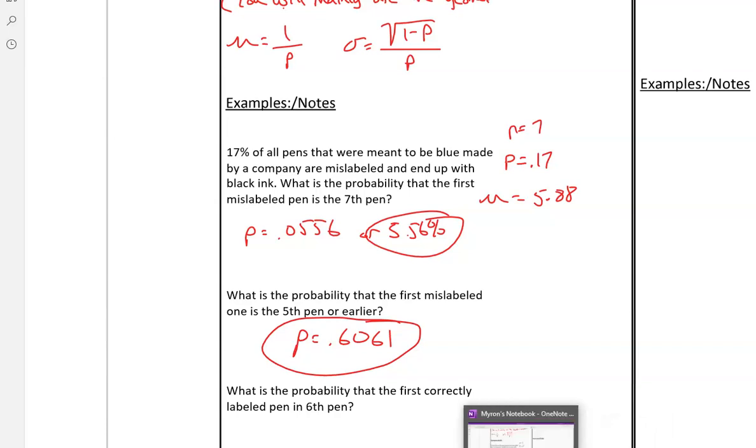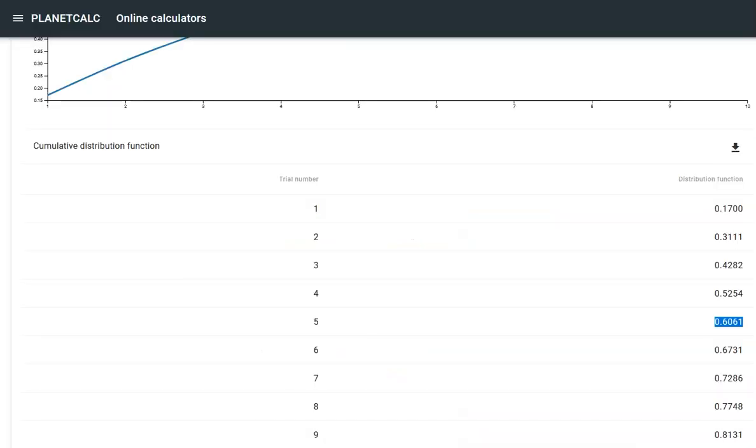Now, another thing they could possibly ask on the calculator is, what's the chance that it is the 6th pen or later that we get our first mislabeled one? What you would do is take 5th or earlier, and if you think about it, 6th or later is the opposite of that, right?